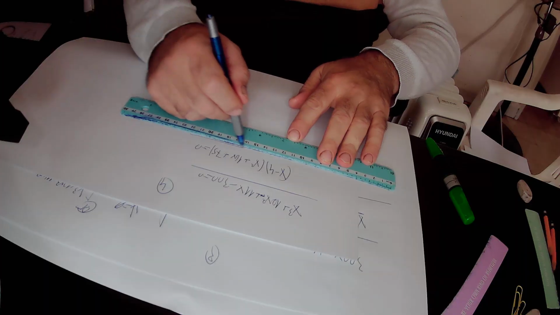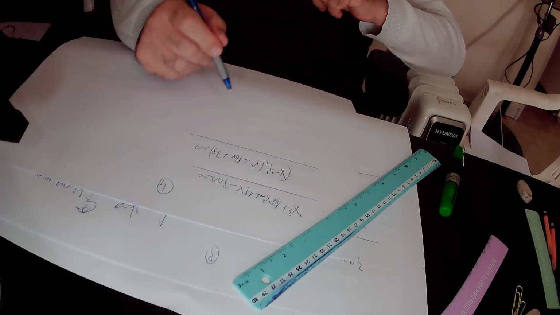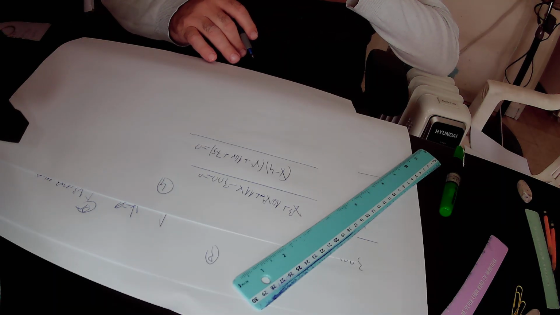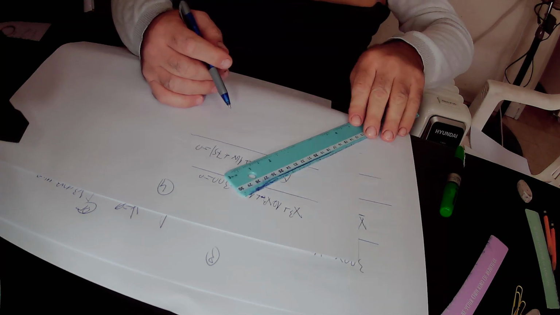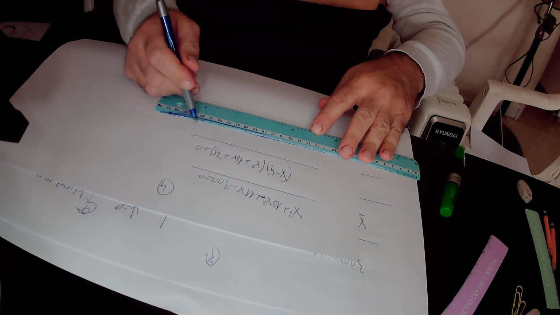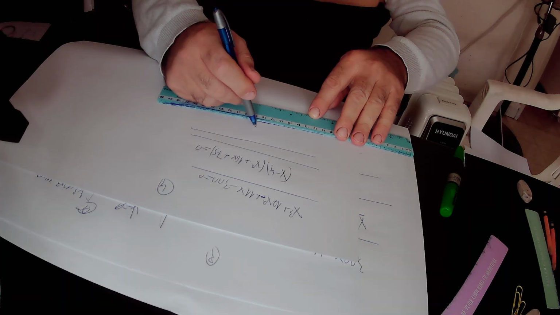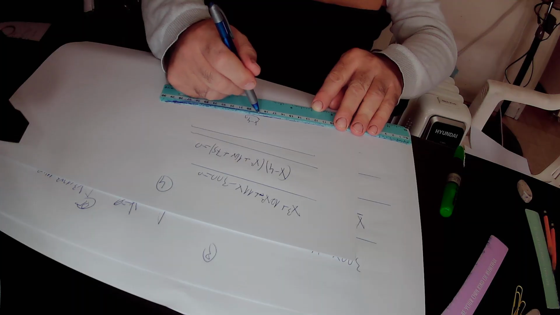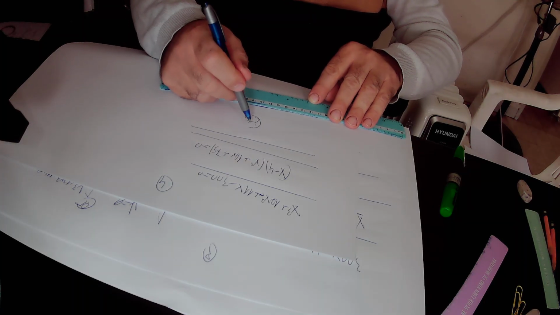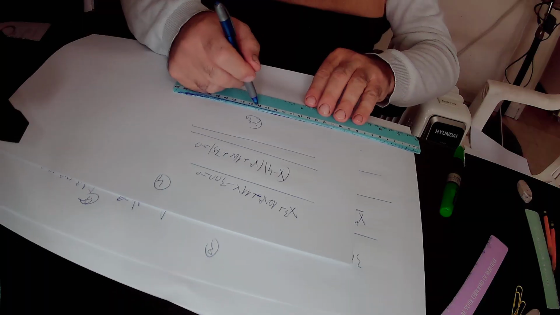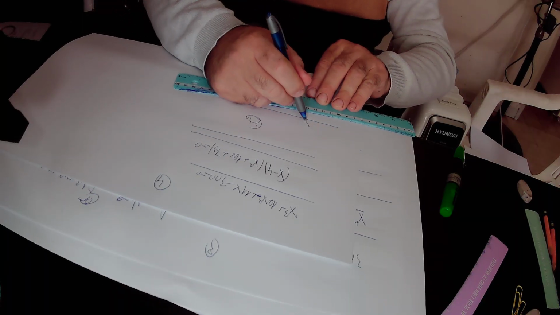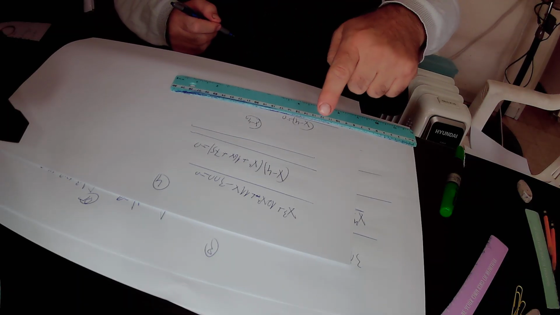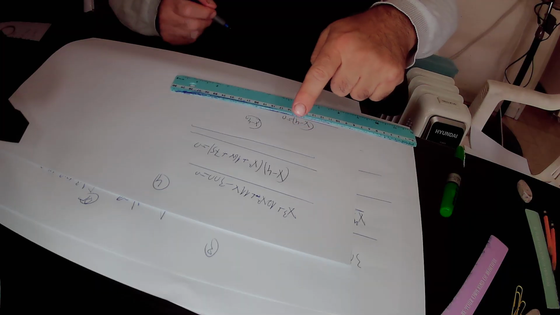Now, it is very easy to solve this equation. Here we will have two possible solutions. The first solution is that x minus 4 equals 0. If x minus 4 equals 0, then 0 times anything is 0, so you get that 0 equals 0.